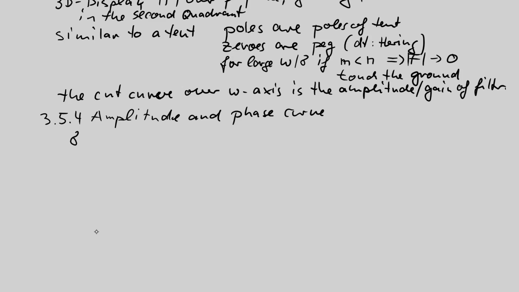Again, in this case we set sigma to 0. So our F(p) is converted into F(omega), the complex frequency response. The complex frequency response is a complex function, which has a magnitude and a phase.